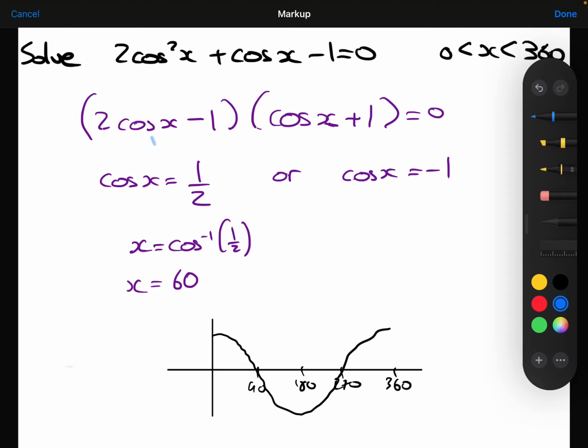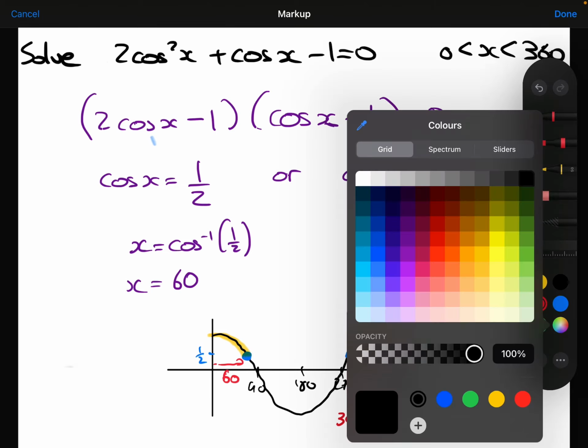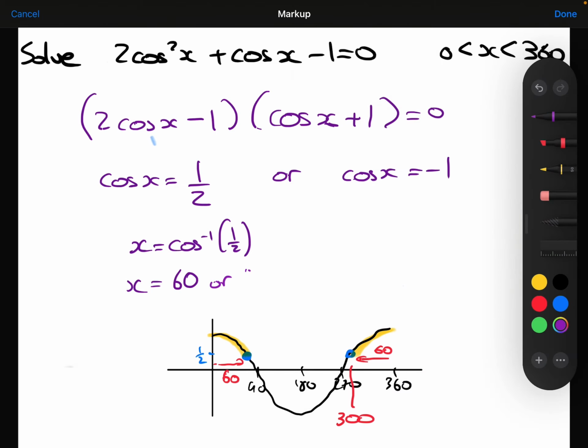So when does the cos graph equal 1/2 here? It's going to equal 1/2 here and here. Using the symmetry, this is going to be the same as this. My calculator has already told me that this angle here is 60. So this will be 60. So 360, take away 60 is 300. So these are two good answers to this quadratic equation.